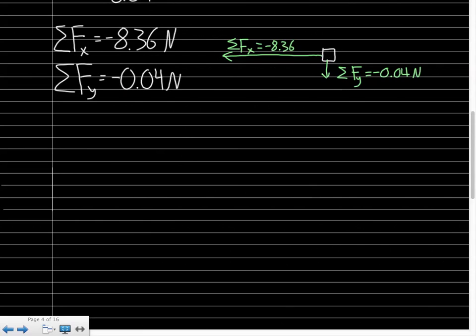All right, so there's our sum. We're looking for this value. Nope, not that value. Nope, not that one either. We're looking for the resultant between the two. How do we find the resultant between two vectors?